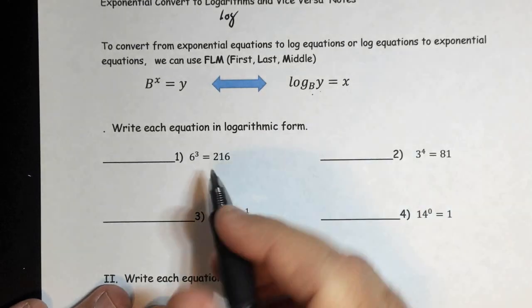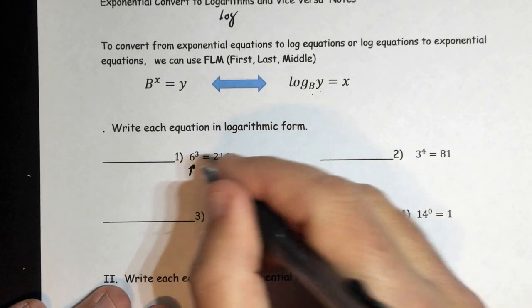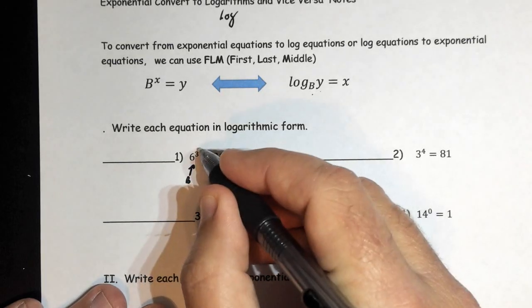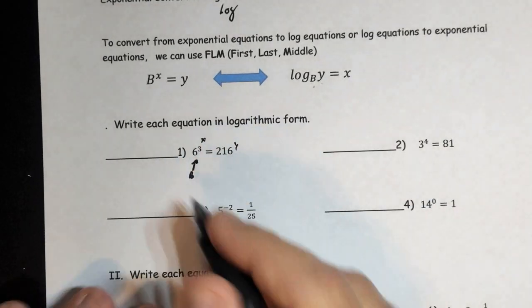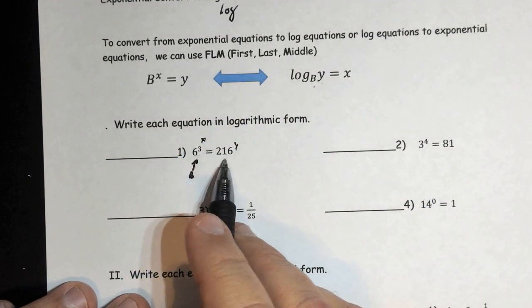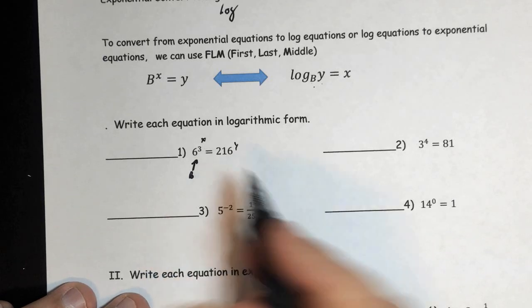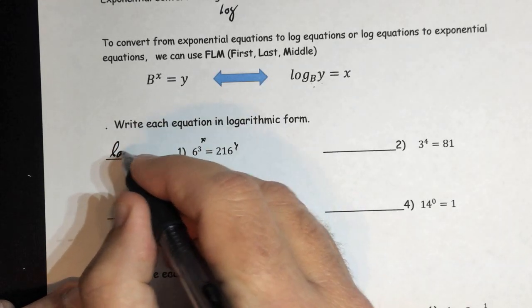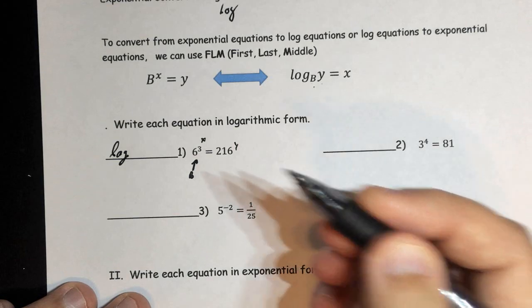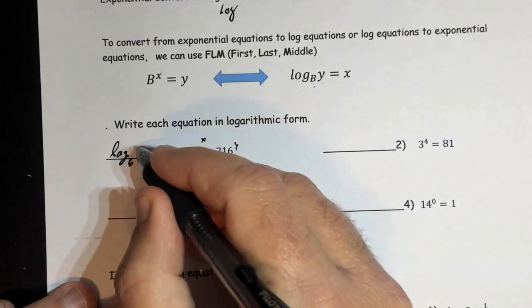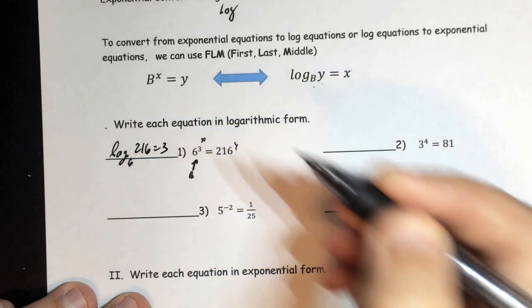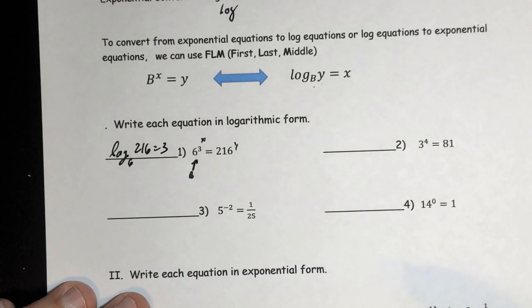So here is my base, here's my x, and here's my y. So 6 cubed is equal to 216, which is true, would be the same as log base 6 of 216 is equal to 3, which is also a true statement.